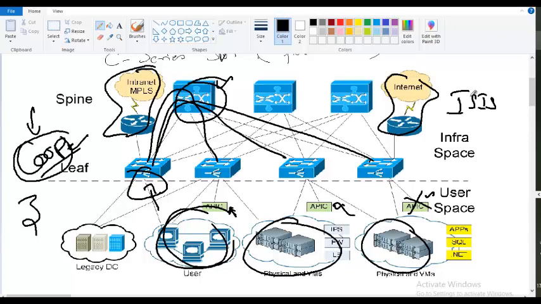For the external routes, the distribution of external routes into the fabric is using MPBGP, multi-protocol BGP. So this is the control plane for external routes, and this is the control plane for internal.